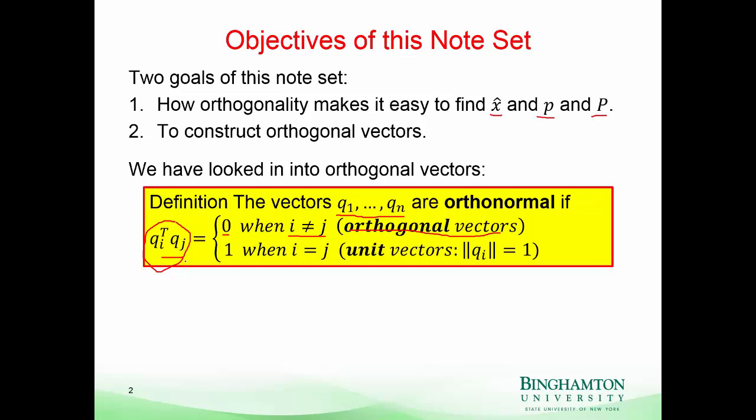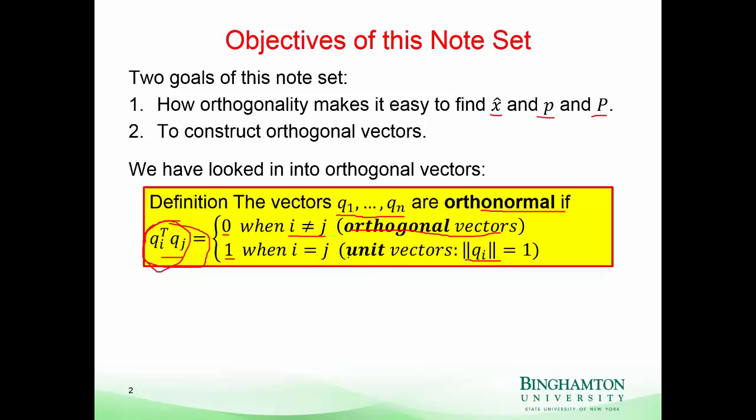And when i and j are equal to each other, that means we're doing the inner product of the same vector with itself. So we might be doing 1 with 1, 2 with 2, 3 with 3. And when we do an inner product with itself, what we're really computing is the norm squared. And so to be orthonormal, that norm squared has to be equal to 1. And if the norm squared is equal to 1, then the norm itself is equal to 1.